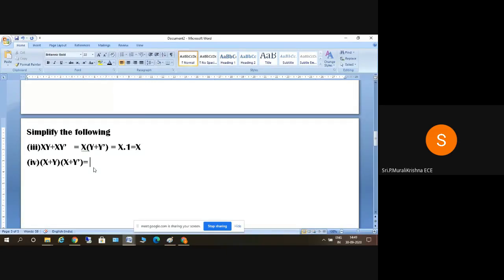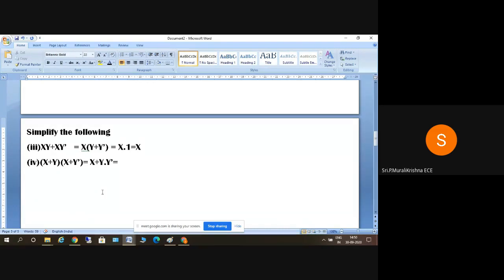And next we'll go for the second simplification: x plus y into x plus y bar. Using the distributive law, x plus y into x plus z is equal to x plus yz.